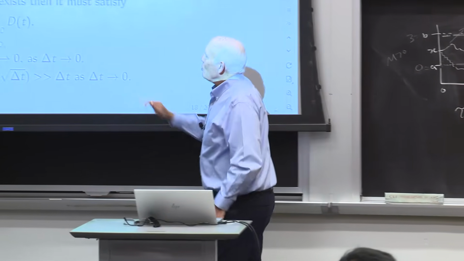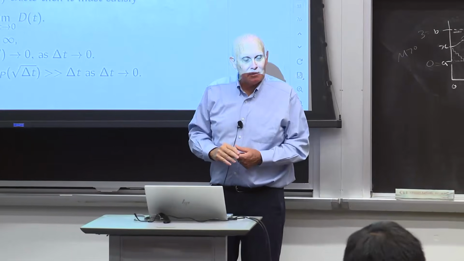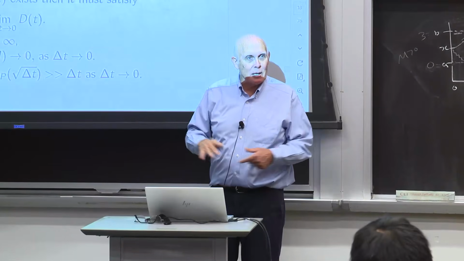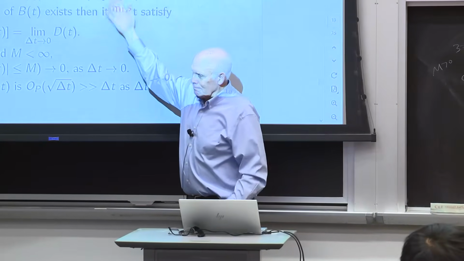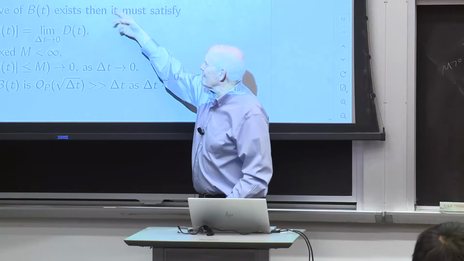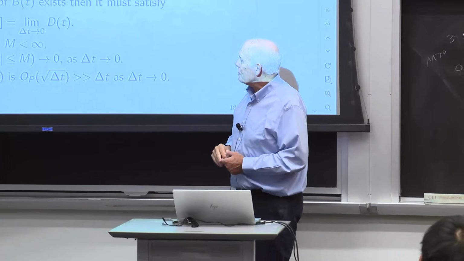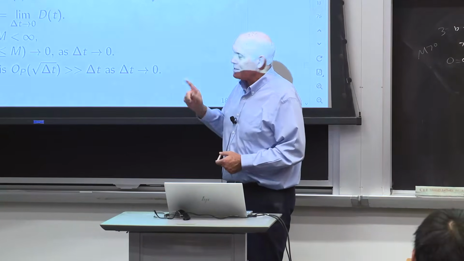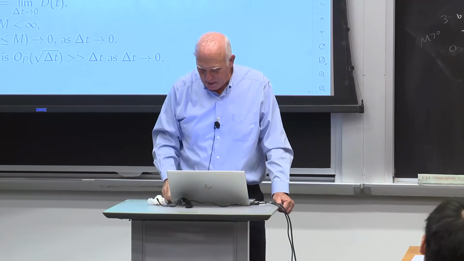So this normalized increment is not well defined in the limit. The limiting value doesn't exist. It becomes an explosive distribution. So that's a very important property of Brownian motion.